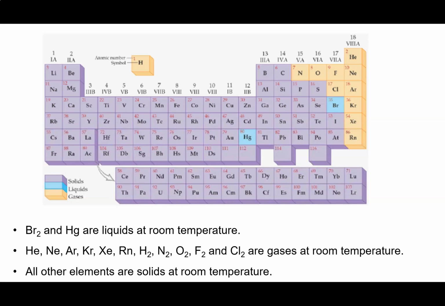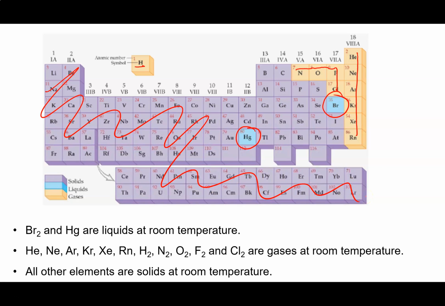So if you just remember what aren't solids, then everything else is a solid. So bromine and mercury are liquids at room temperature. And then we're going to go hydrogen, nitrogen, oxygen, fluorine, chlorine, and then helium, neon, argon, krypton, xenon, and radon are all gases at room temperature, and then everything else, all of the other guys, are solids.